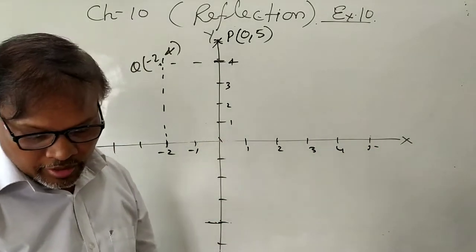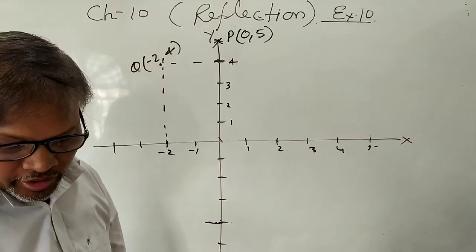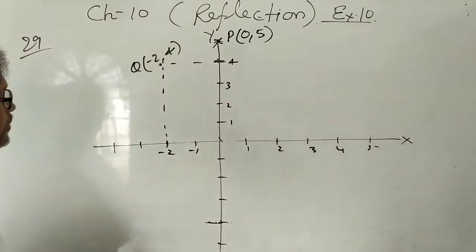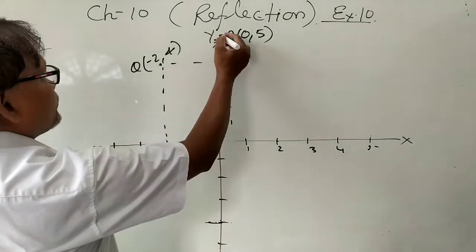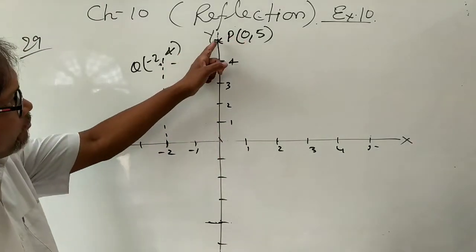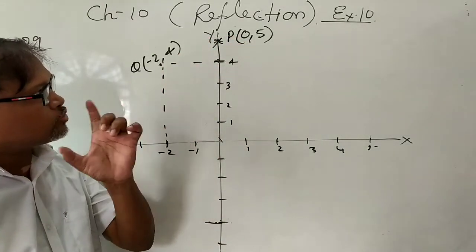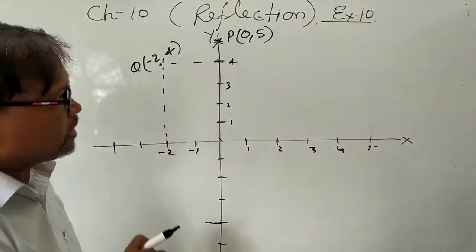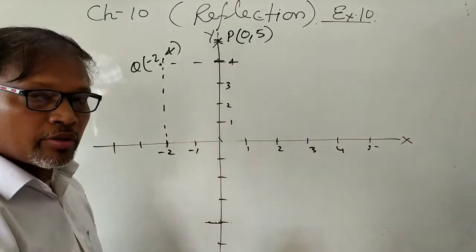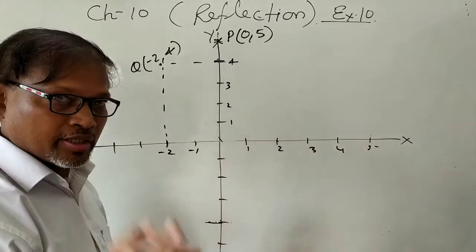Then first part, P is invariant when reflected in an axis. P is invariant. तो ये एक invariant point है जिस axis पे reflect करता है. Name the axis. So I told you in the first video what is the invariant point.